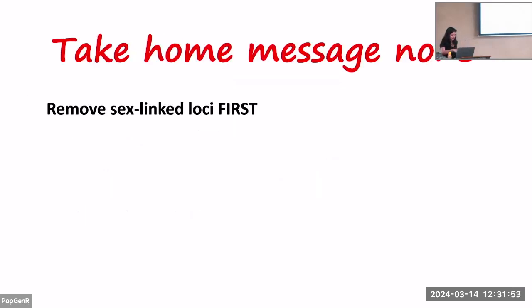Take-home message number 3: remove sex-linked loci first. Also because if you first remove by missingness for loci, you would be getting rid of Y-linked loci, etc. So, take-home message number 1: exactly, standard filters suck at removing sex-linked loci. Take-home message number 2.